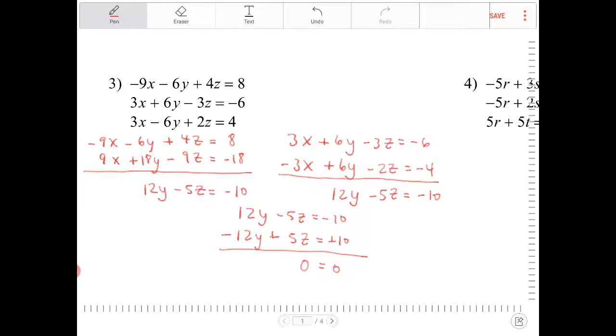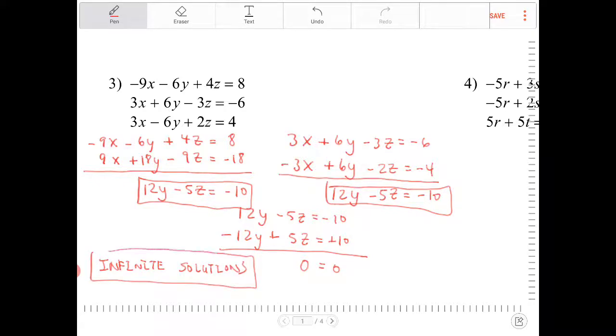What does this mean? If I end up with two equations that are identical to one another, the implication is we actually have infinite solutions. The reason we have infinite solutions is that these are actually the same equations.